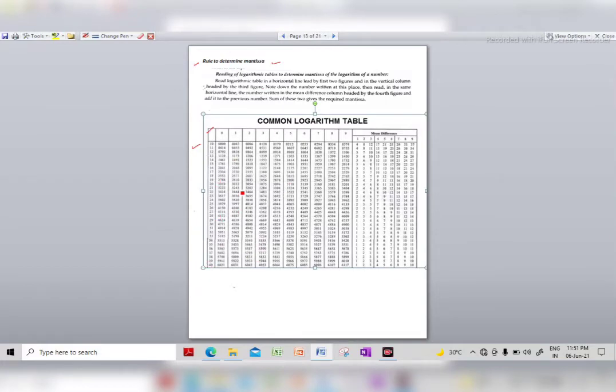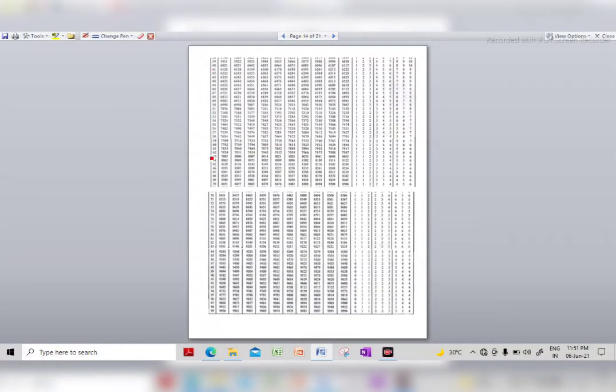This is only the half part of the table. The second part of the table is on my another screen. Let me show you. This is the second part of the table. Here we have the remaining numbers, which go up to 99.